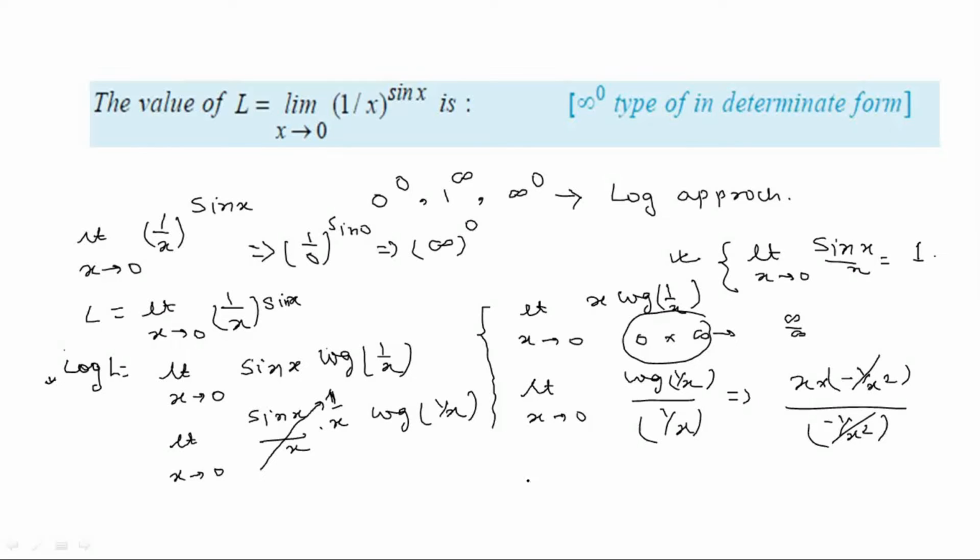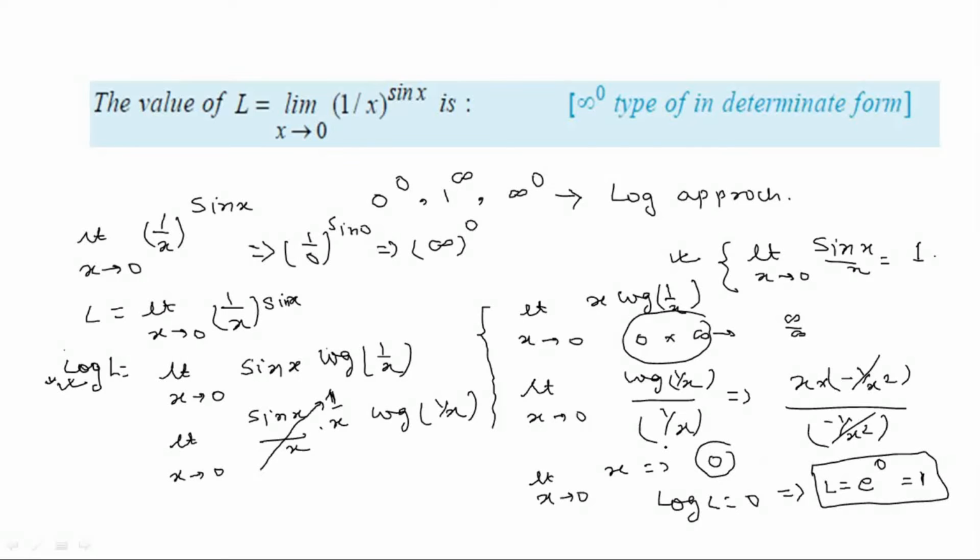This vanishes. Now we have the limit as x tends to 0 of x. Now put x equal to 0. This value is evaluated to log L. Log L is equal to 0. It implies that L is equal to e to the power 0, which is equal to 1. So the value of this limit is 1.